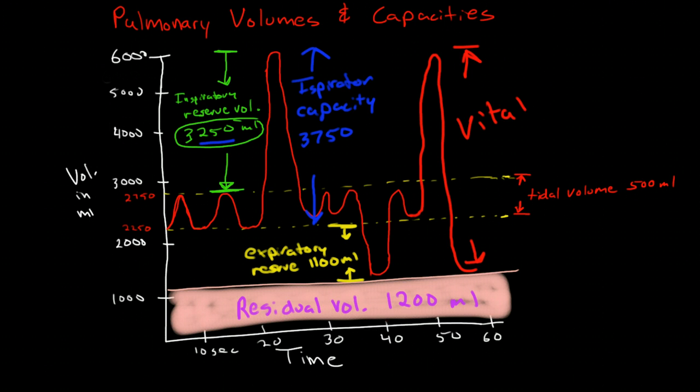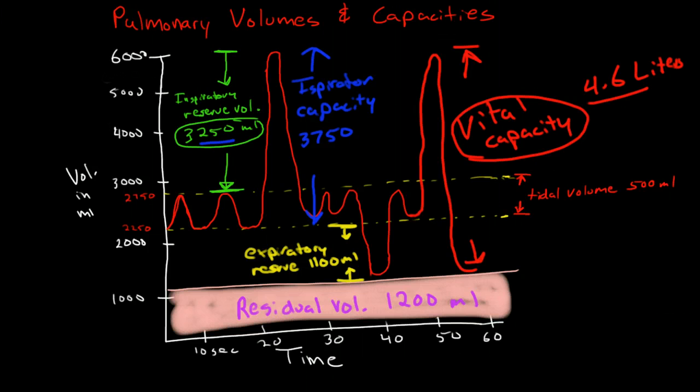So this is the total capacity of our lungs that we can use for life. The vital capacity is going to be the inspiratory reserve volume plus the tidal volume plus the expiratory reserve volume. With an average male, it's going to be about 4.6 liters.